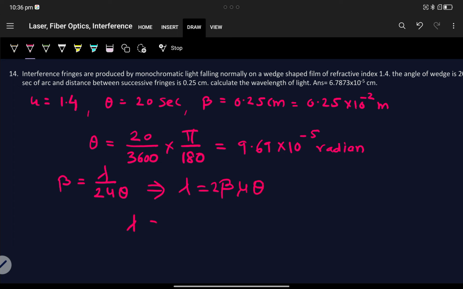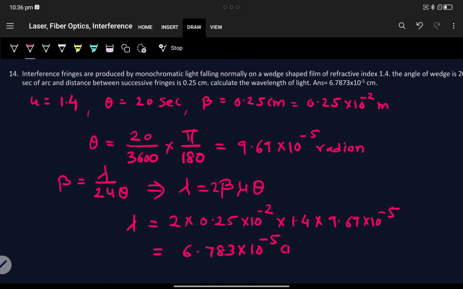So the wavelength will be 2 multiplied by the fringe width 0.25 into 10 to minus 2, the refractive index 1.4, and the value in radian, 9.69 into 10 to minus 5. When we calculate with the help of a calculator, we'll get this as 6.783 into 10 to minus 5 centimeter.